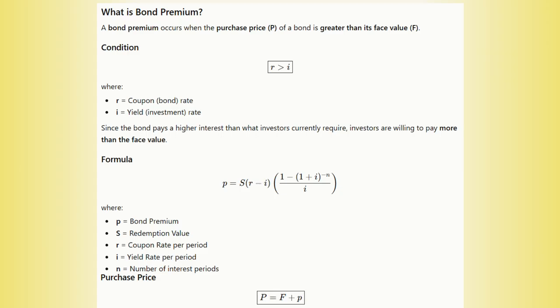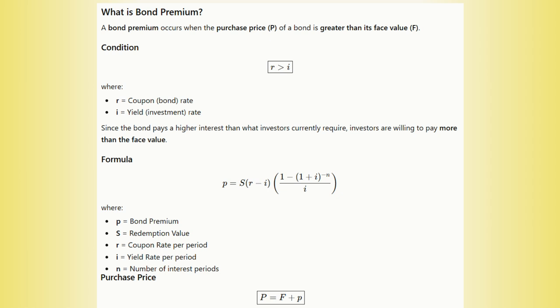P is equal to S times (R minus I) times (1 minus (1 plus I) to the power of negative n) over I, where P is the bond premium, S is the redemption value, R is the coupon rate per period, I is the yield rate per period, and N is the number of interest periods.